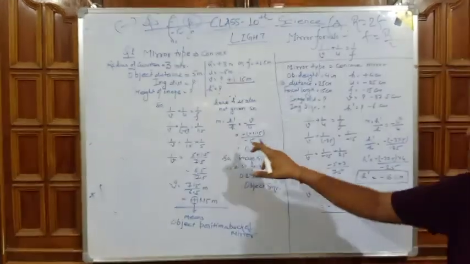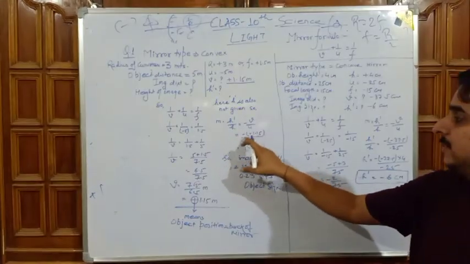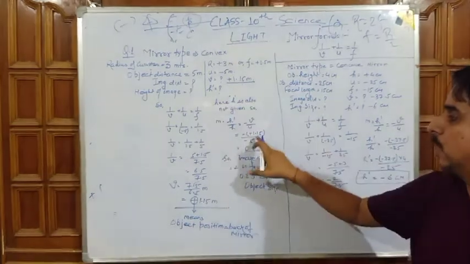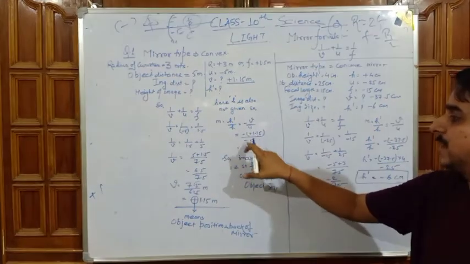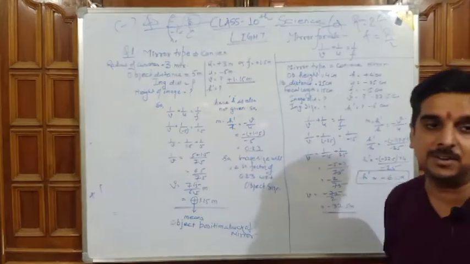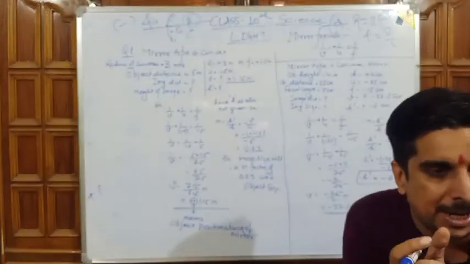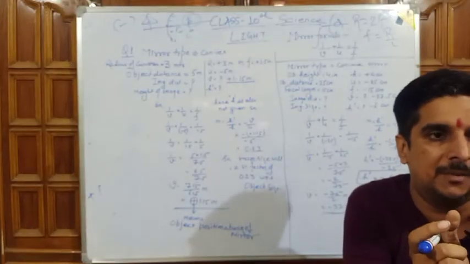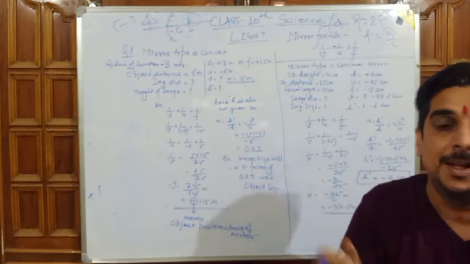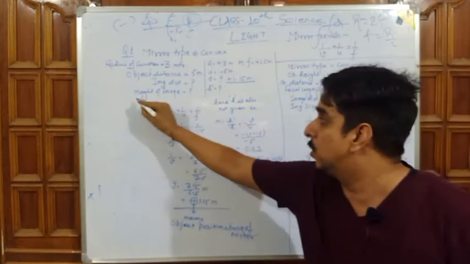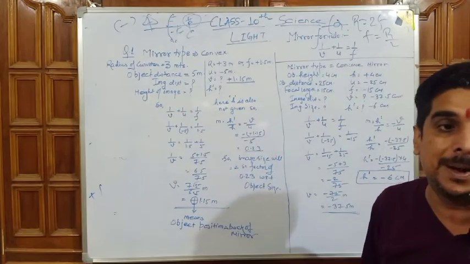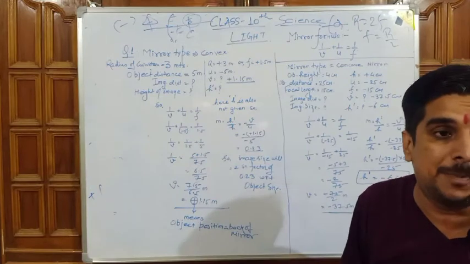So v by u, so we can write minus v is equal to 1.15 by minus 5, minus minus we will cut, 0.23. Here the tricky thing will come. What is the tricky thing? According to the question, height of image, but here the height of object is not given.